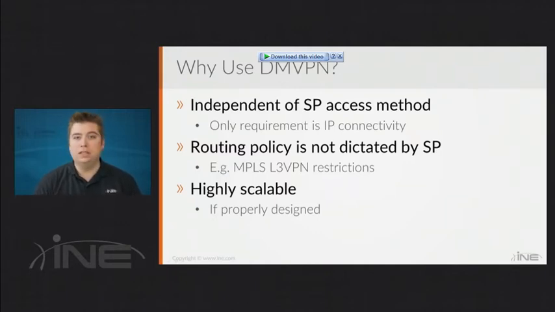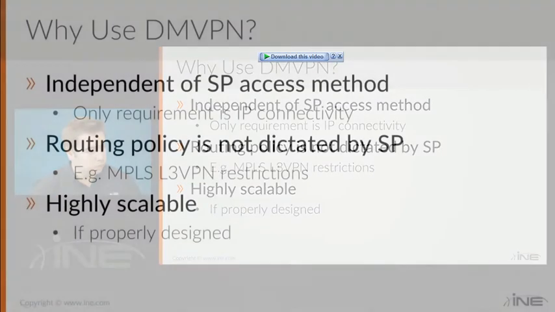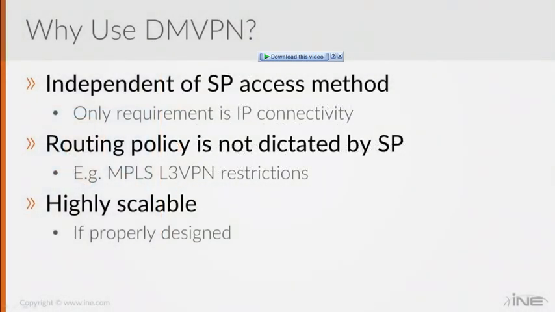The other thing also is that DMVPN is very, very scalable. You can have potentially tens of thousands of devices, endpoints on the DMVPN network, but of course that's going to be dependent on the design, if it's a correct design or if it's a bad design. So when you look at some of the platforms that you could potentially use for DMVPN, this is one of the things that you need to think about.